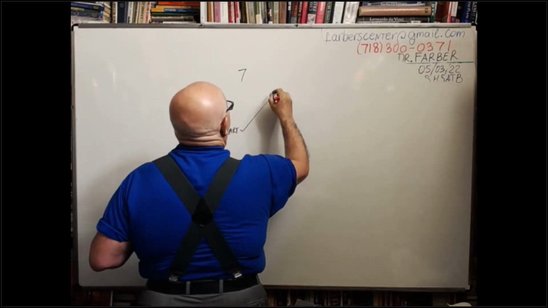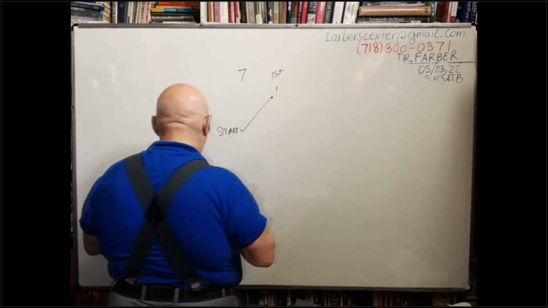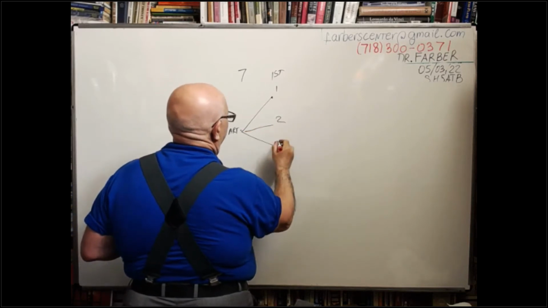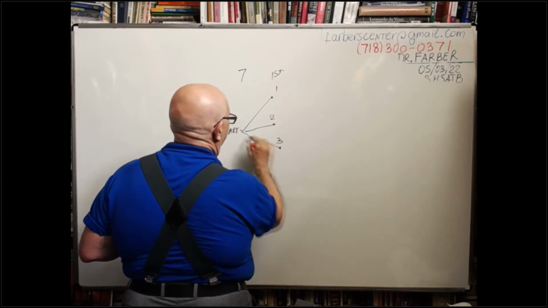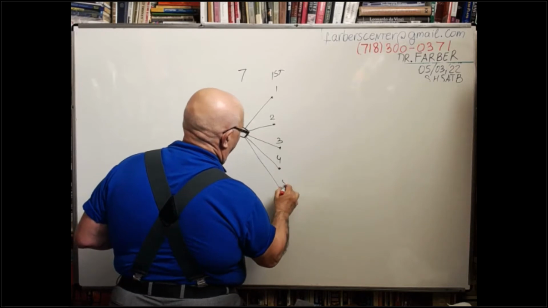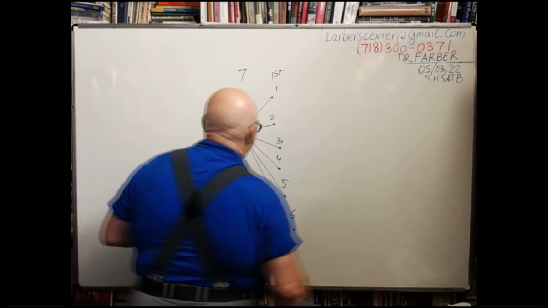And the first die, we have either 1, 2, 3, 4, 5, or 6. What is my goal?